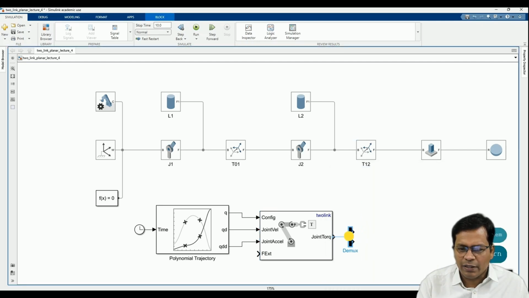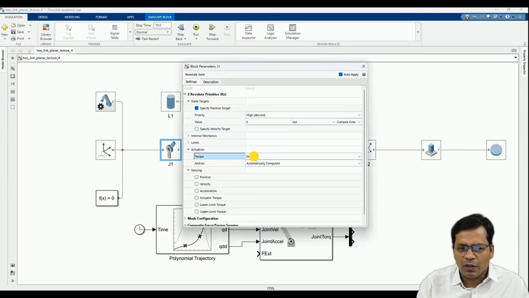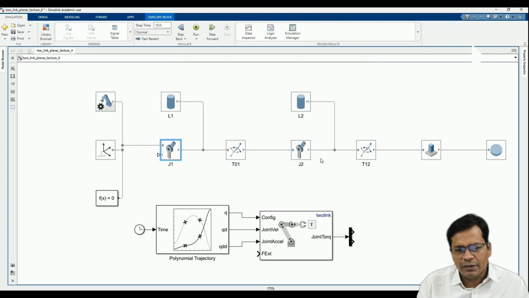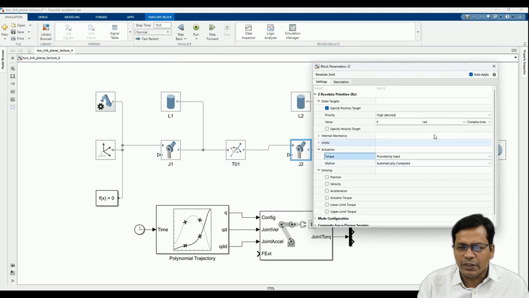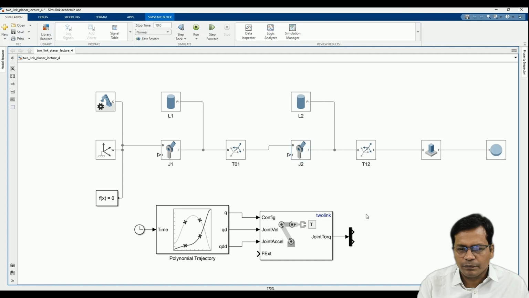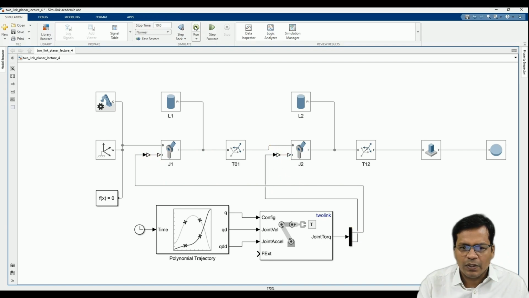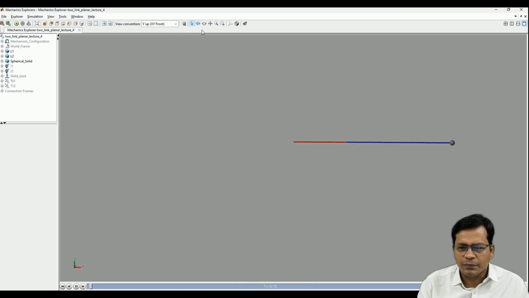The joint torque is calculated here, and I will transfer these joint torques to the joints. This time the joint takes the torque provided by the input and the motion is automatically computed. Again, the simulink to physical system data converter converts these to physical values that go to the joints. Now I will run this simulation.